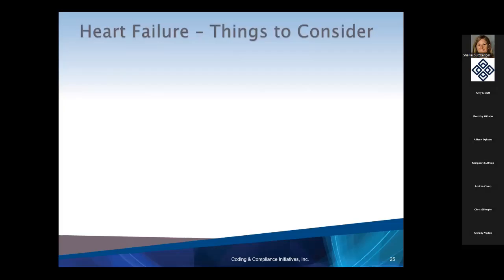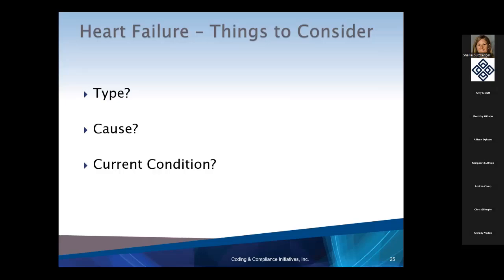All right, so for heart failure, some things we have to consider from a documentation and coding perspective. We need to know the type of heart failure. Is it systolic? Is it diastolic? Is it a combination? We need to know, is there an underlying cause for the patient's heart failure?